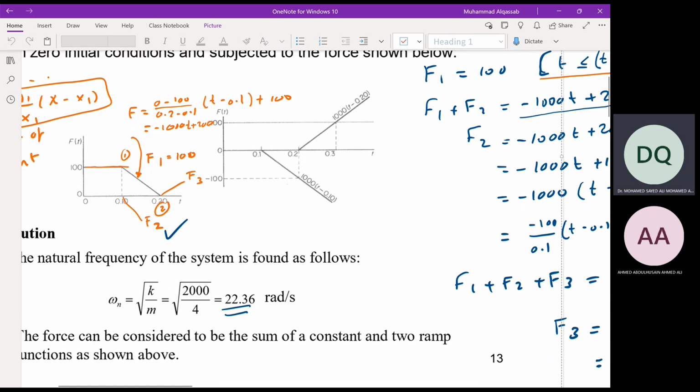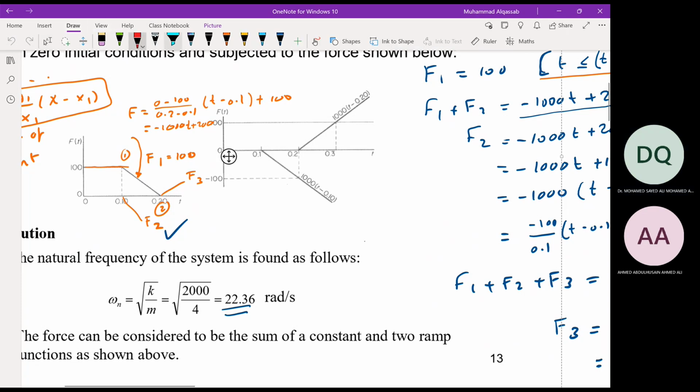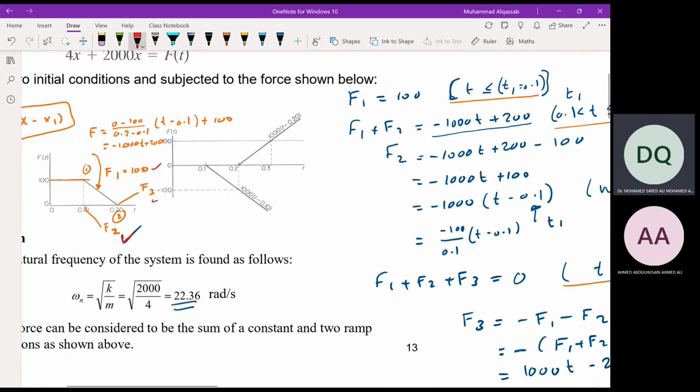Okay, so the force will be a constant, as mentioned here. Constant, which is F1, then F2, then F3, and you can obtain them. This is the procedure.